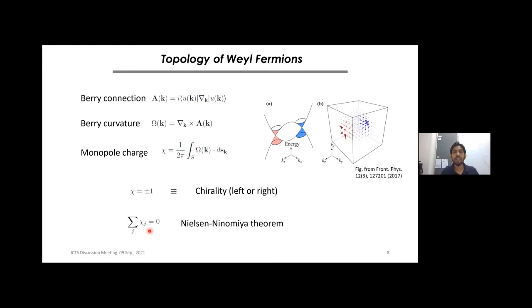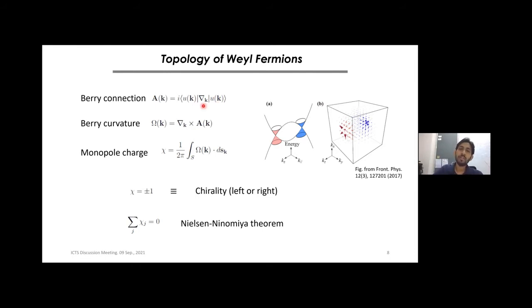Now we all hear that there is something related to topology of the Weyl fermions. So what does it really mean? Well, the way at least I understand is that if you take the spinor of your Weyl system, you can define a Berry connection, which we are all familiar with from the last few talks that we have heard.